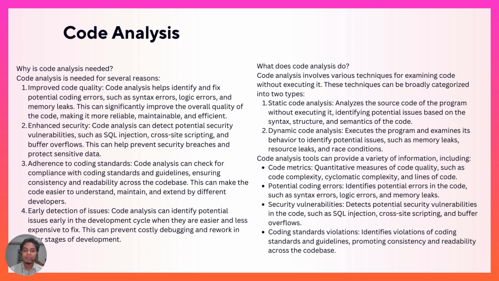And then we learn how code analysis is done. Basically, code analysis does two types of analysis, like static code analysis and then dynamic code analysis. In static code analysis, we will see the structural error fixing, then syntax and semantics of code. And then dynamic code analysis, here we'll execute the program, examine its behavior, and identify potential issues.